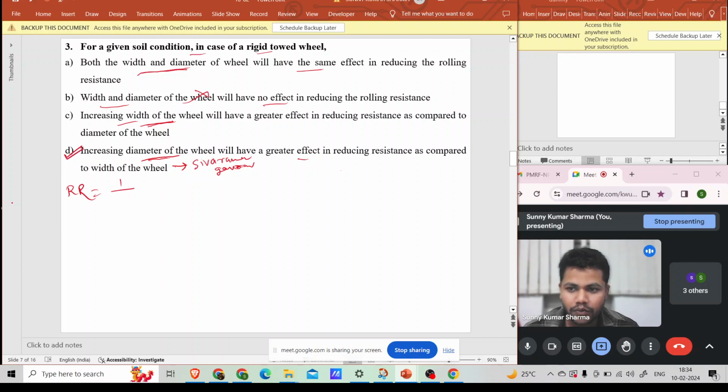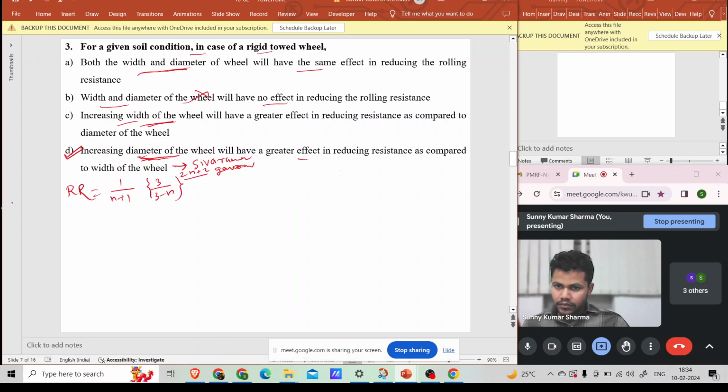How did you guess, or do you have any logic? Sivaram, you explain why diameter of the wheel will have more effect. Sir, I took two terms out of that previous equation you solved, the term along with the width and along with the diameter.